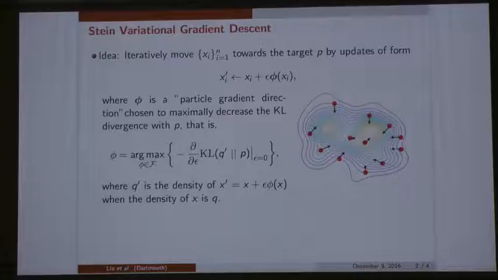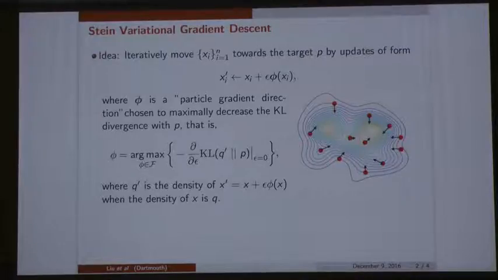The idea is that we initialize some particles using some simple distribution, and then we iteratively update the particles using incremental updates like x_i plus epsilon phi, where epsilon is the step size and phi is the perturbation direction. The perturbation direction is chosen to maximize the decreasing rate of the KL divergence, and this can be solved by a functional optimization.